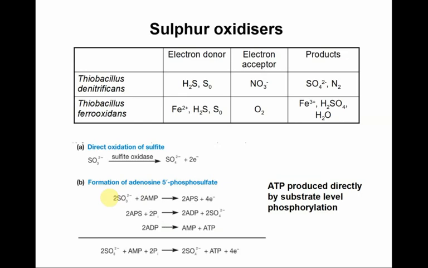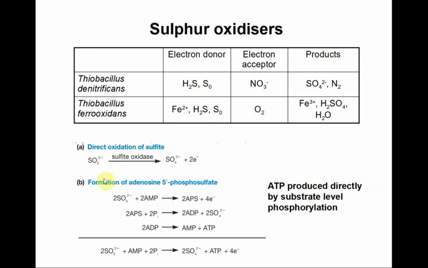Sulfur oxidizers, how do they work? Well, they're using reduced forms of sulfur as a source of energy. The electron acceptors are either molecular oxygen or nitrate, because in fact nitrate is a better electron acceptor than sulfate or sulfite. There are two interesting things that can happen here.